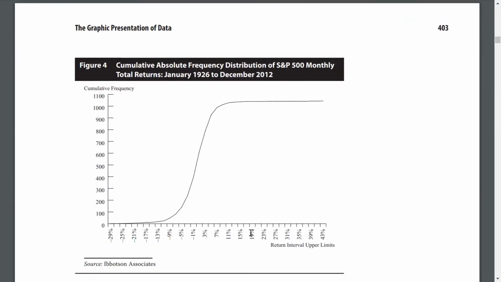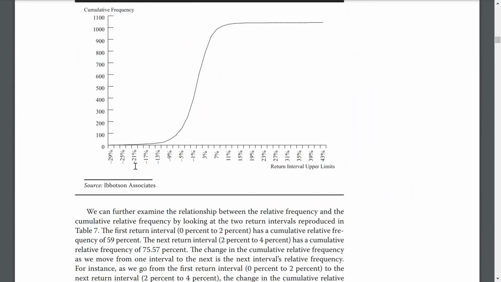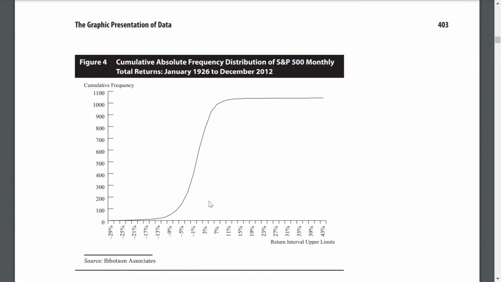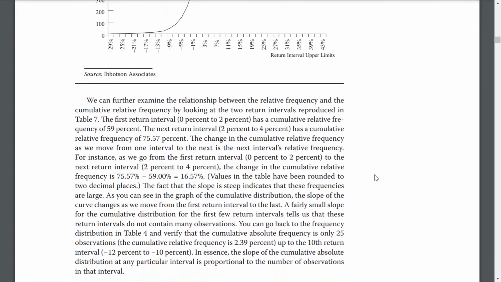So as the percentages go on, they are cumulative, so they add on top of each other. This is the cumulative absolute frequency distribution of S&P 500 monthly total returns from January 1926 to December 2012. If you know basic math, basic modeling, basic statistics, you'll be able to understand this without any problems.